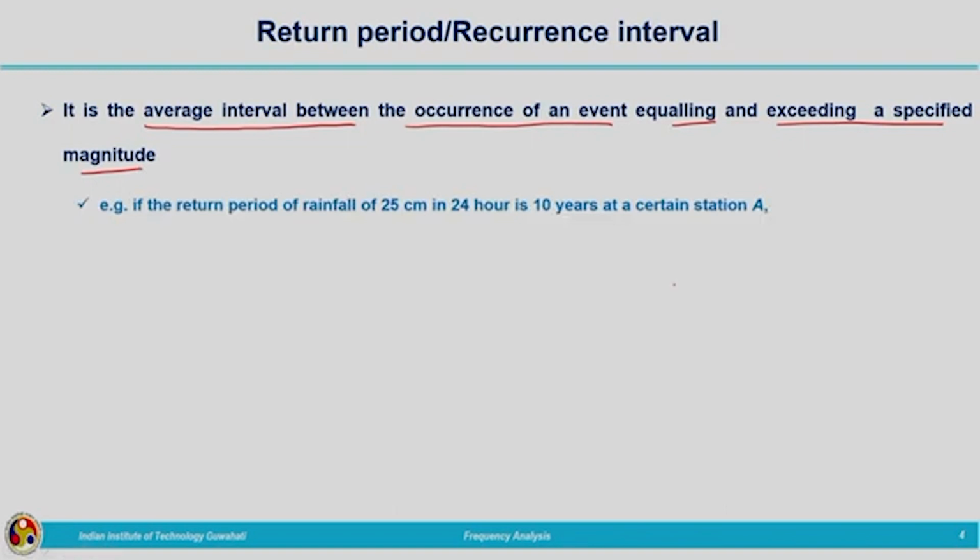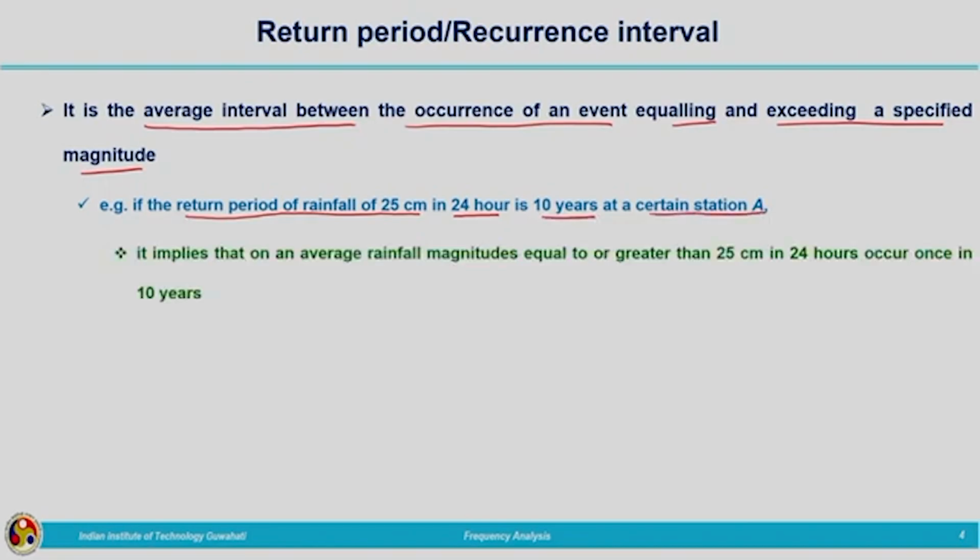For example, if the return period of rainfall of 25 centimeter in 24 hours is 10 years at a particular station A, that is, we are considering a return period corresponding to a rainfall with a magnitude of 25 centimeter for 24 hours.